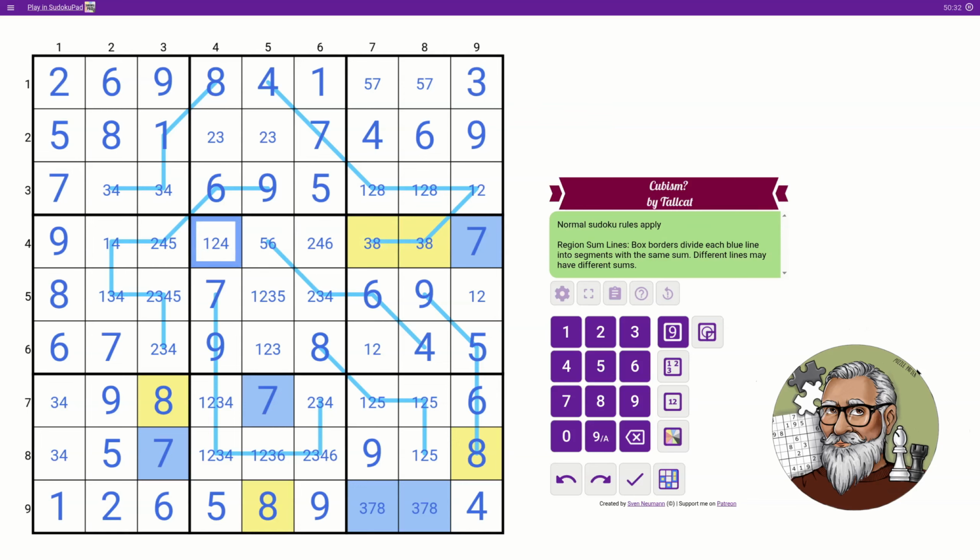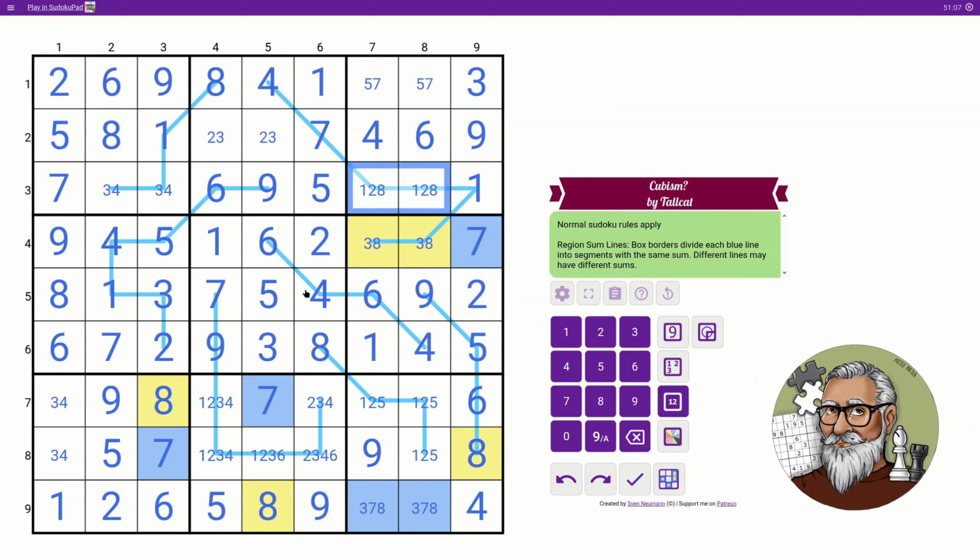Not a 3. 1, 2, 4, still not there. I know now that this is a 10, so this has to be 6 and 4 as well. Okay. It's 2, 3, 1, 4. 1, 2, 1.